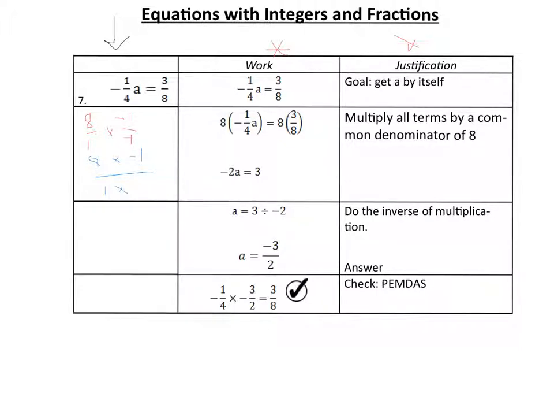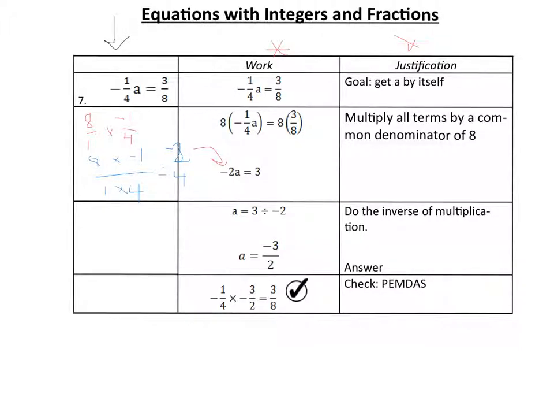And that gives us negative 8 over 1 times 4. So it's negative 8 over 4, and when we simplify it, that's how we end up with negative 2.